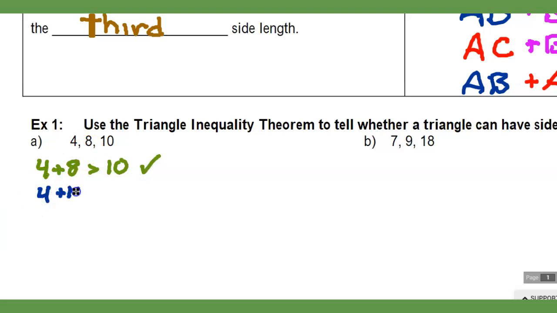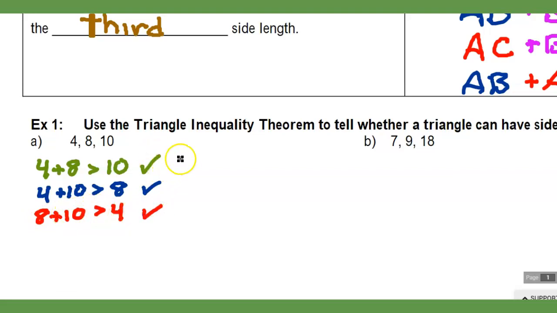Is 4 plus 10 bigger than the third one? So yeah, 4 plus 10, that's 14. That's bigger than 8, so that's good. All right, and then the last one would be, is 8 plus 10 bigger than 4? Right, 18 is bigger than 4.